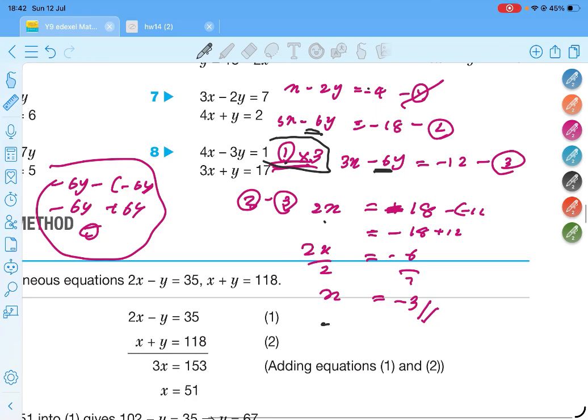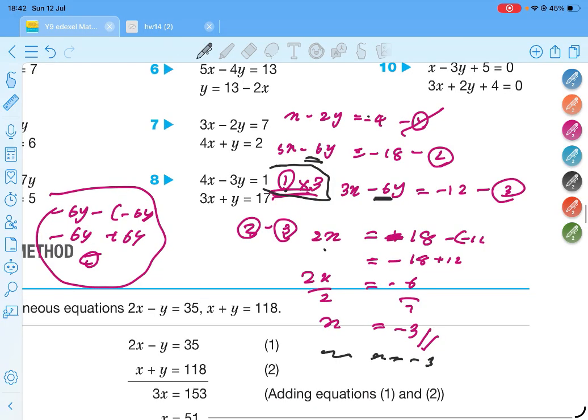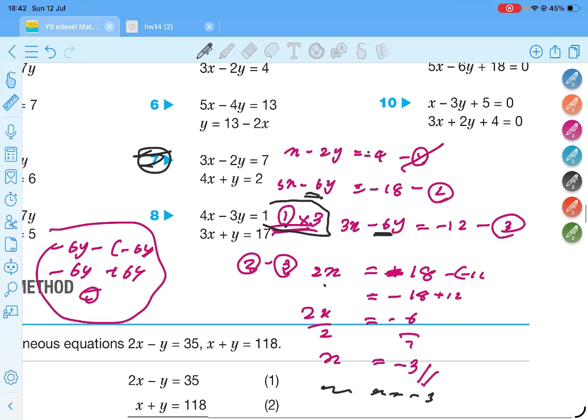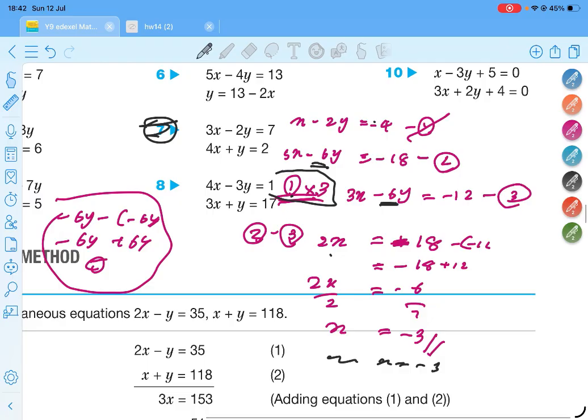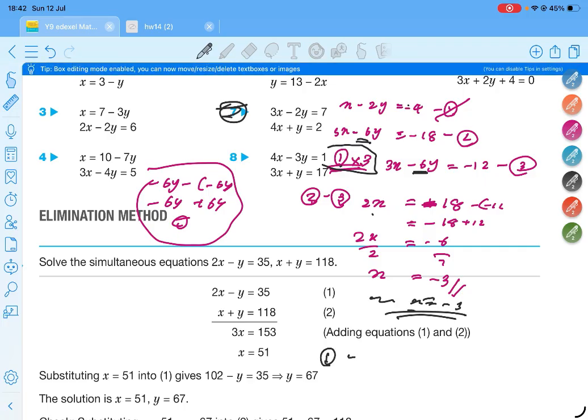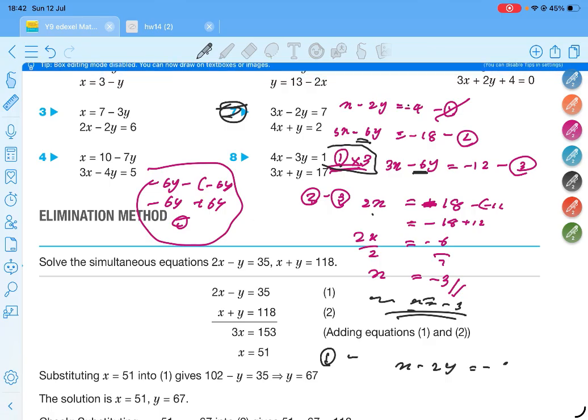Second part is easy. Substitute x equals minus 3 into any one equation. Taking the first equation, x minus 2y equals minus 4.